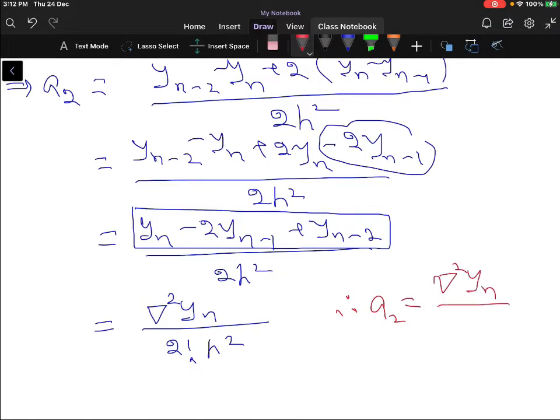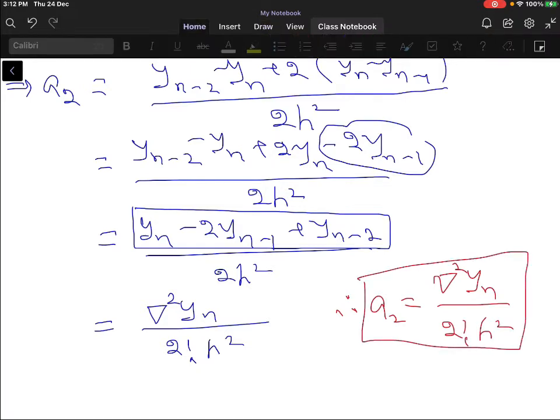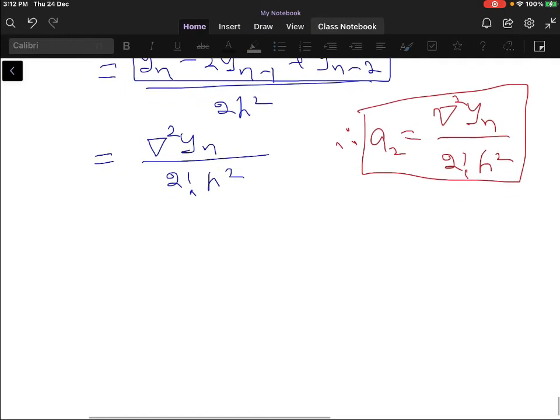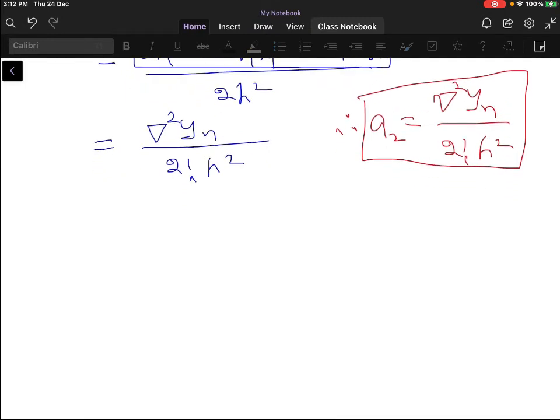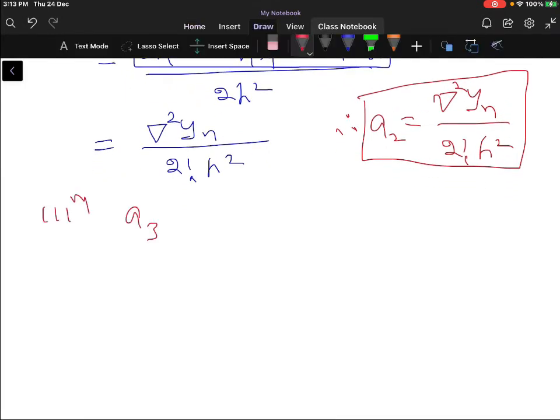Therefore, a2 is equal to nabla square yn by 2 factorial into h square. Similarly, we can write a3 on the basis of a2.